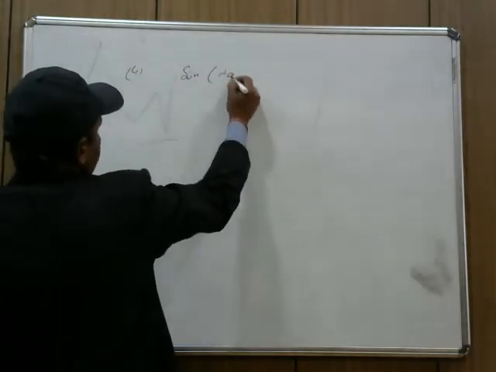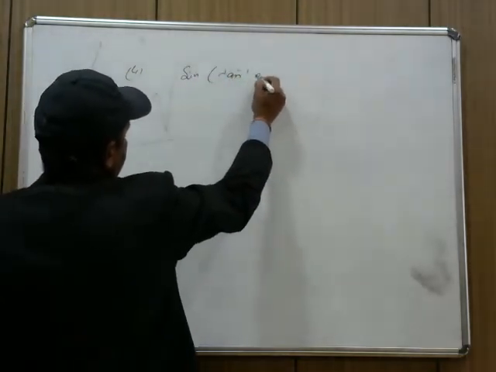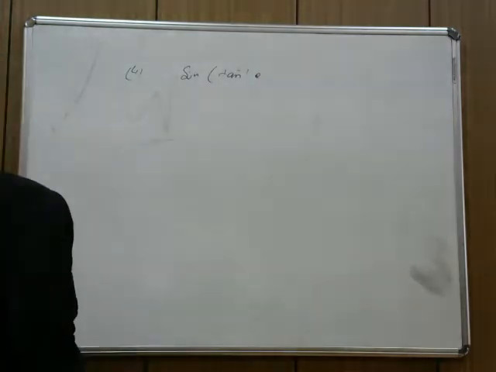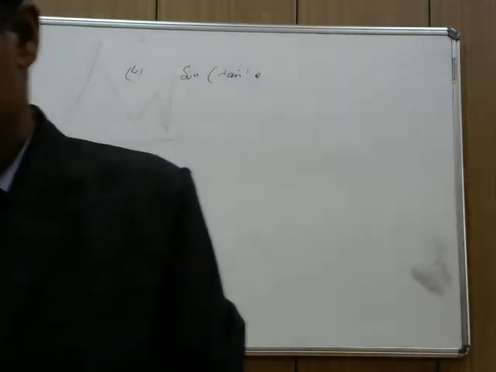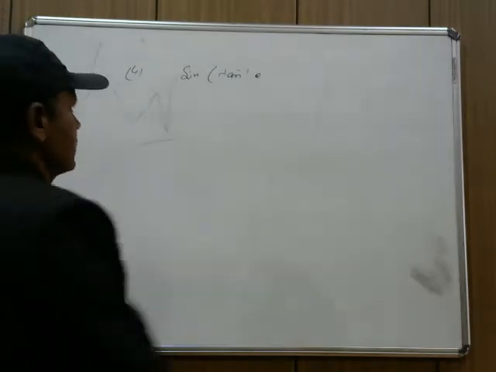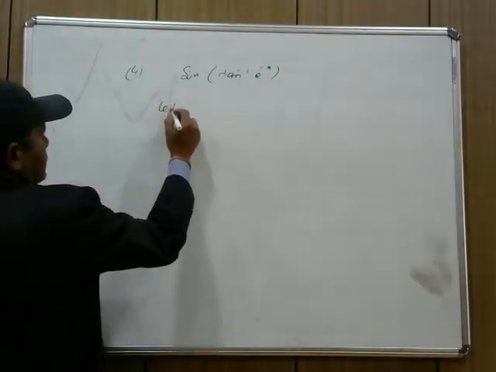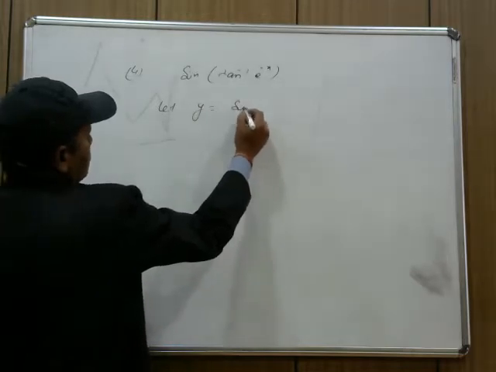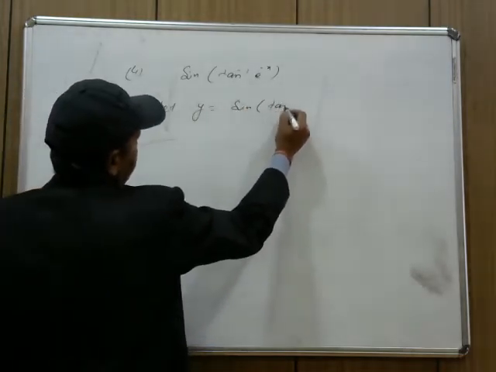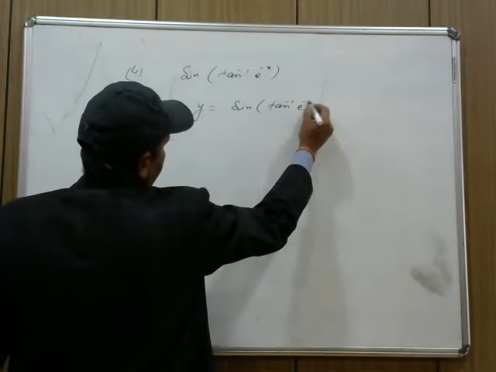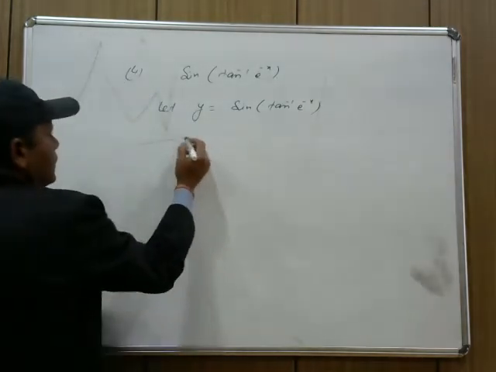Sine tan inverse e to the power minus x. Right. Let y is equal to sine tan inverse e to the power minus x.